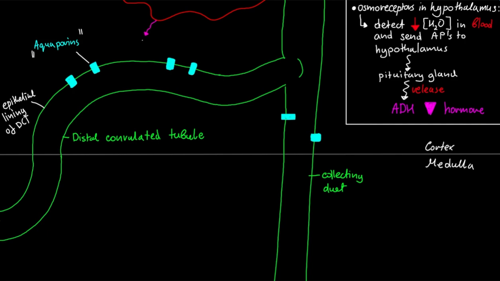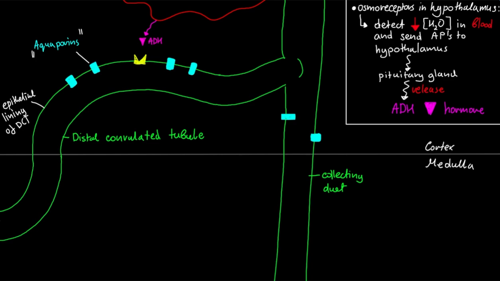If, for example, our osmoreceptor detects that the water content of the blood is too low, it will send action potentials to the hypothalamus, which in turn will cause the pituitary gland to release a hormone called ADH, antidiuretic hormone.